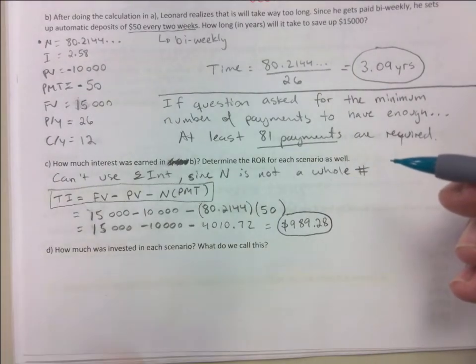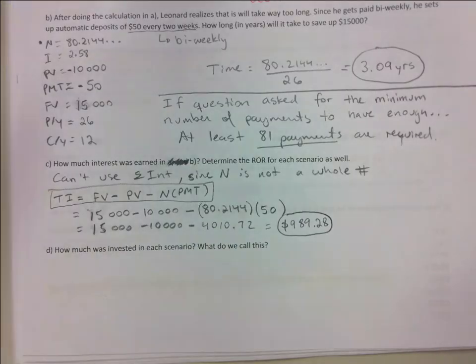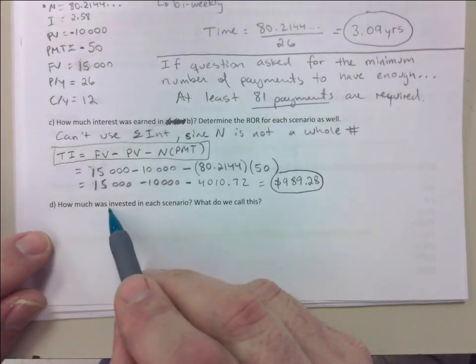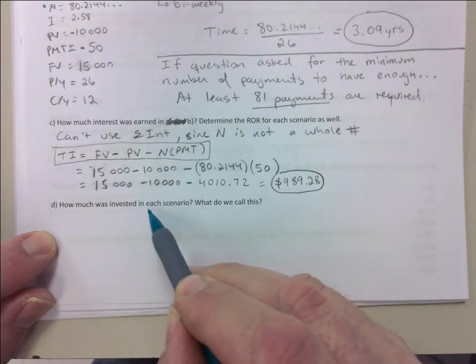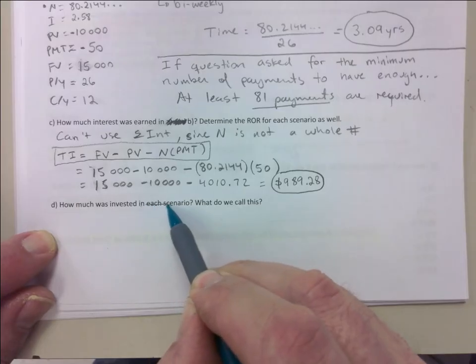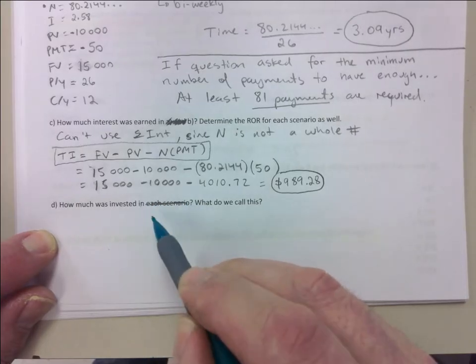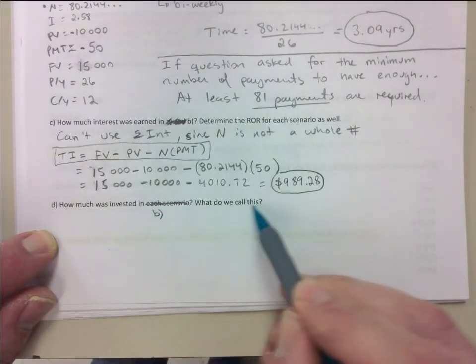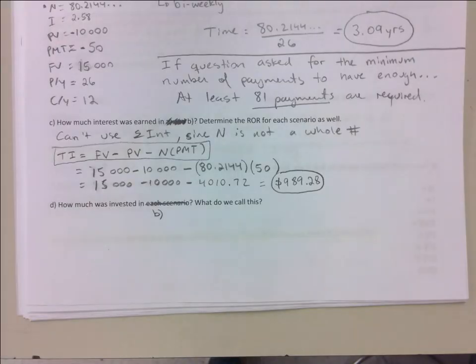I will do D before I do the rate of return. How much was invested in each scenario? We're just going to say how much was invested in B, okay? What do we call the money that you invest, like the money that you put in?